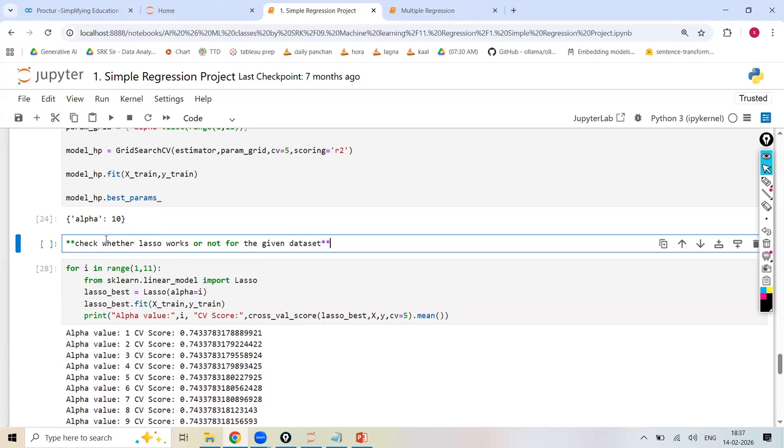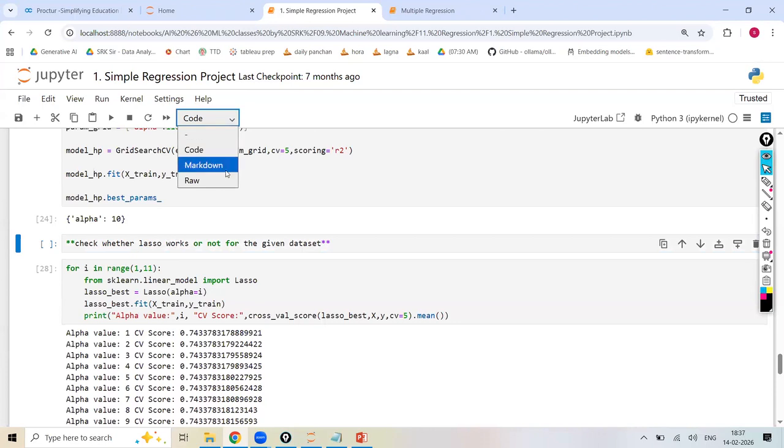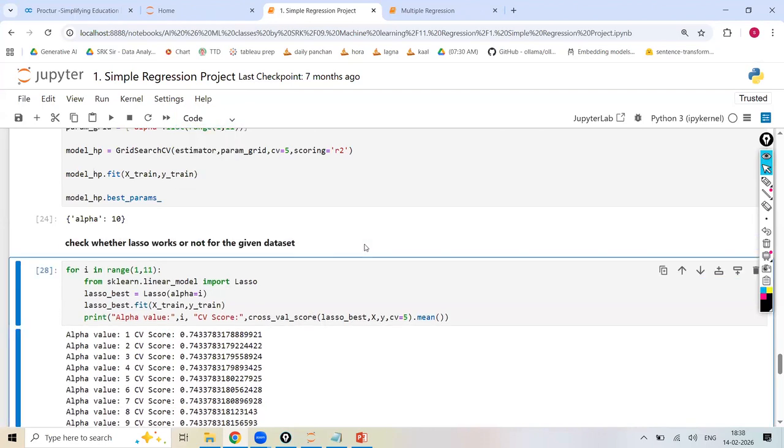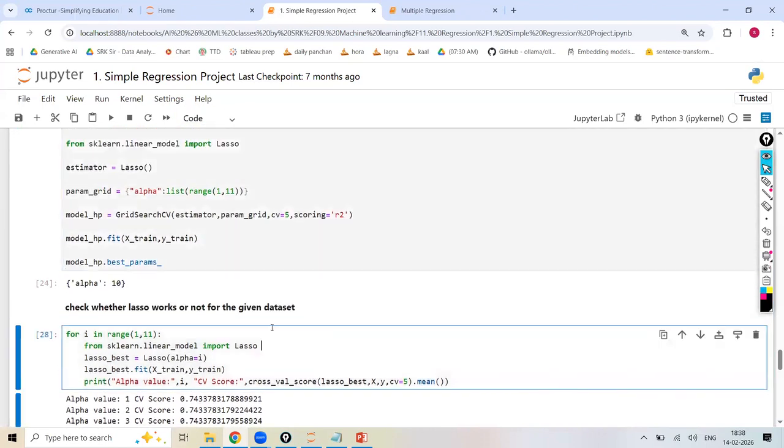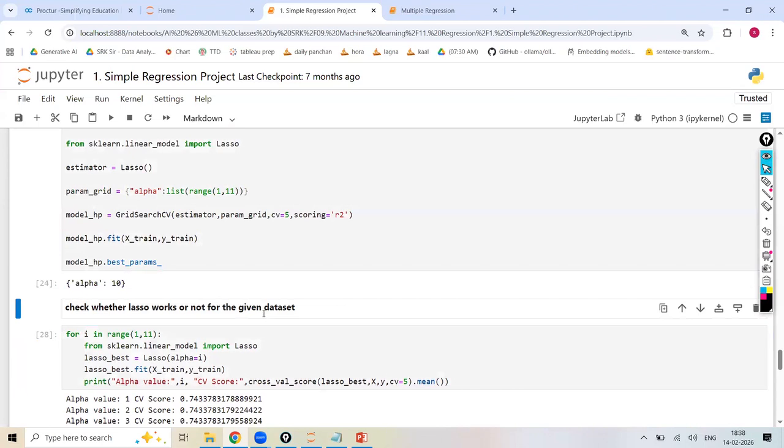First cross check that. If lasso is working, then try the best value. If lasso is not working, checking the best value is also a waste.